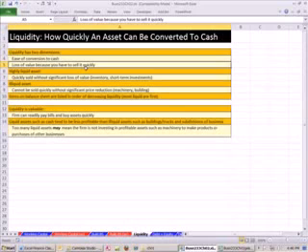So the building, real estate, is sometimes hard to sell. It's hard to sell a machine quickly. But if you lowered the price enough, a fire sale in essence, you probably could sell it. So liquidity has two dimensions. When you're measuring liquidity, you want to be able to not only convert it to cash quickly, but not lose a lot of value.